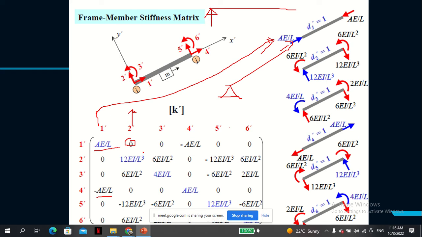The second row has to have a value because that's where you apply the vertical force, and the third also has to have a value because the vertical force always causes a moment. And the axial is 0, and this one has some relationship. Because if this is positive in one direction, it has to be negative in the other direction for purposes of equilibrium.